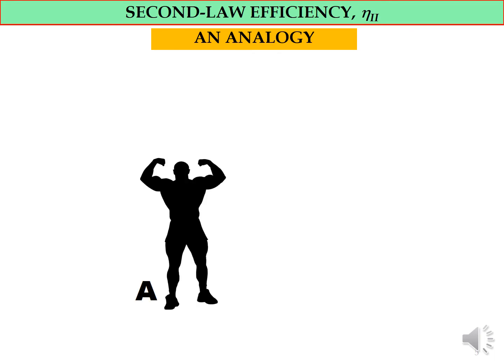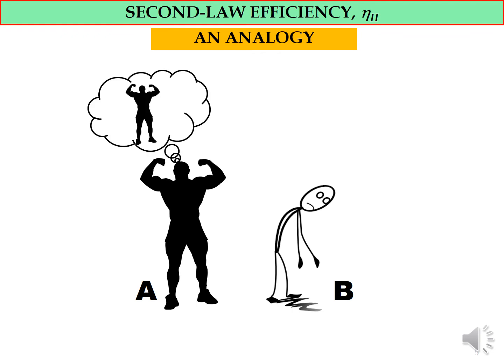Second law efficiency, an analogy. I already explained how to calculate the second law efficiency, and for further understanding, let's say we have a person with a muscular body, person A, and another person, a normal guy, person B. A can carry a maximum of 70 kg.